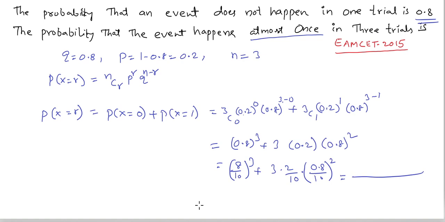So 10 cubed, that is 1000 LCM. 8 cubed is 512 plus 3 into 2 is 6, 6 into 8 squared, that is 64, 384, giving 896/1000, equal to 0.896.